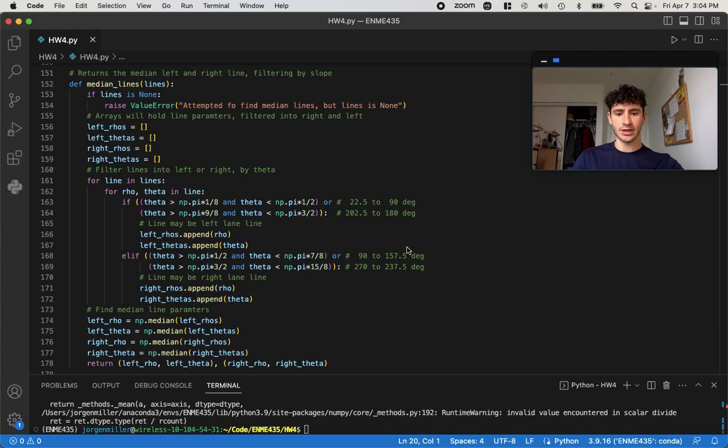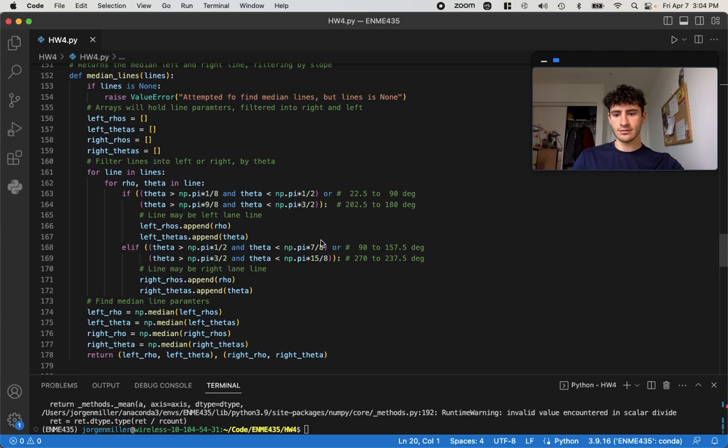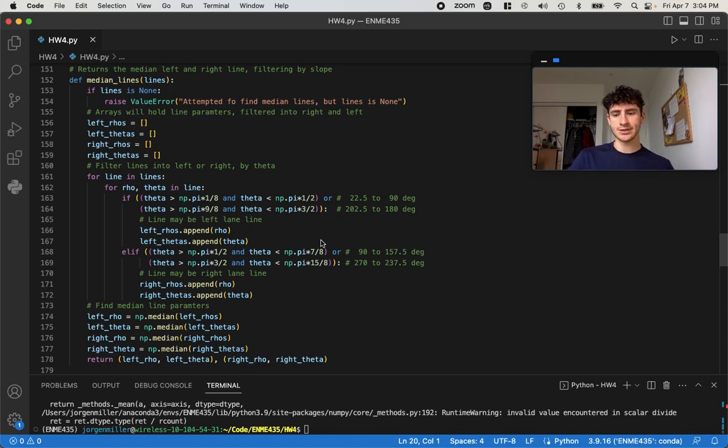And the same for the right line, using different parameters. This cuts down on some lines that could be detected that aren't lane lines and are horizontal, which could either be actual lines drawn on the road or mistakes by the thresholding.